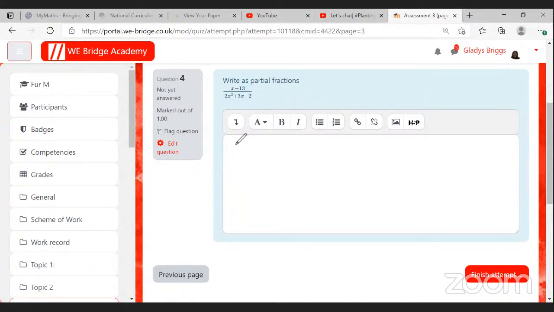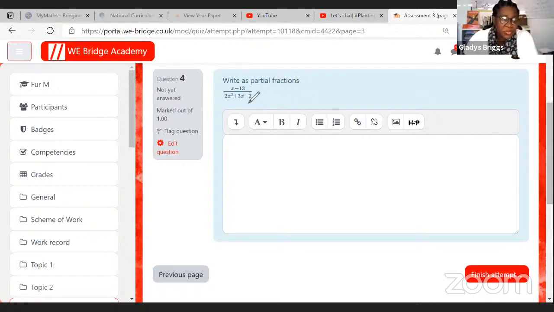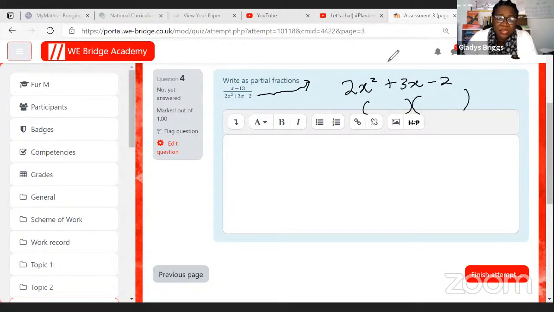So, first thing you want to do is, this one looks like it needs to be written in a factorized format. So how can you write 2x squared plus 3x minus 2 as x plus this, x minus that? Anybody knows how to put that in?